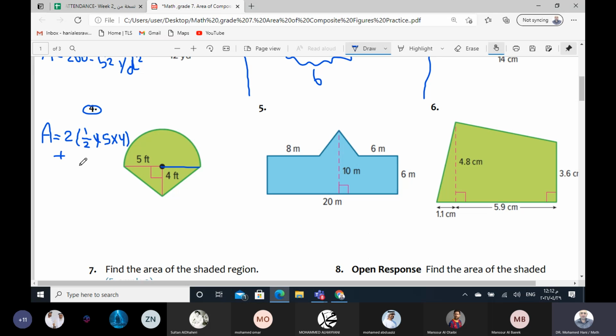Plus the area of the semicircle, will be 1 over 2 by pi r squared.